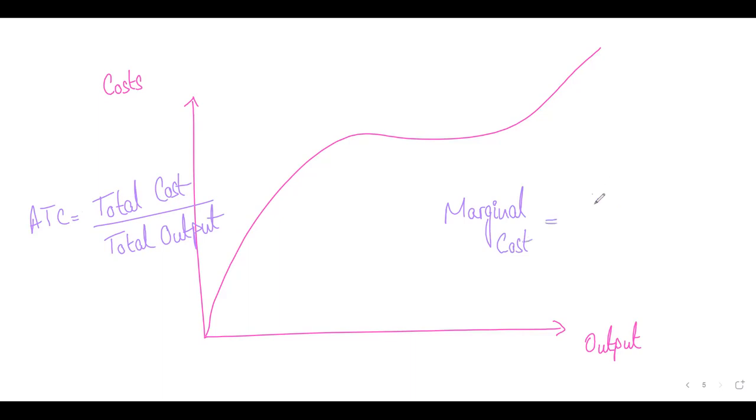And how do we calculate this? That is the change in total cost, so this delta shows change. Change in total cost divided by change in total output. Okay, now think about this. The gradient of this curve, this is total cost. The gradient of this graph shows you marginal cost.